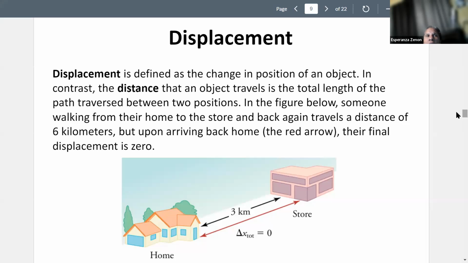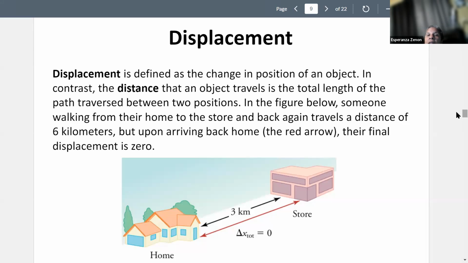All right. So once we've established the reference frame, the next question is, according to your reference frame, according to your origin, according to your starting point, is the object moving? Well, if the object's position is changing, then yes, it's moving. So think of it this way. The object was here, now it's there. Its position has changed according to our reference frame.